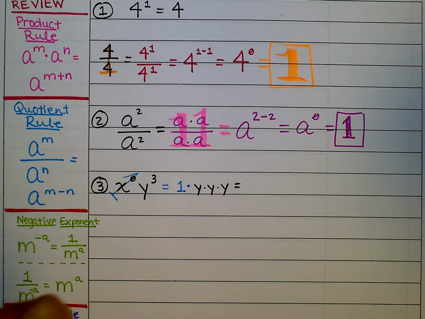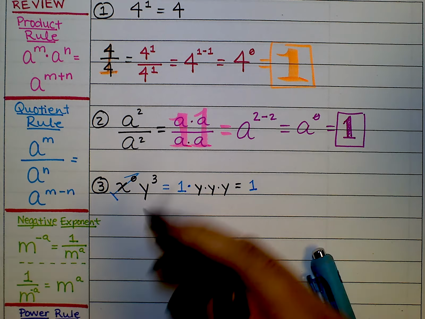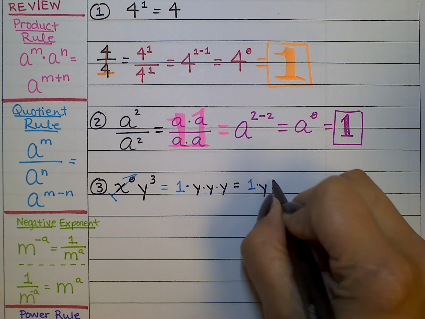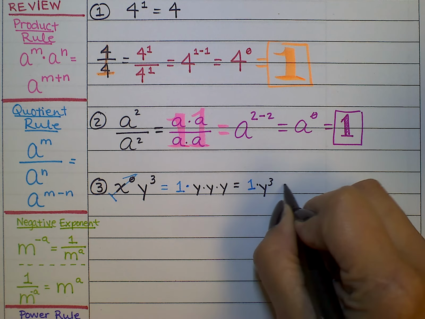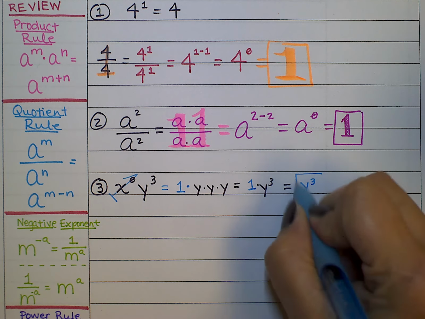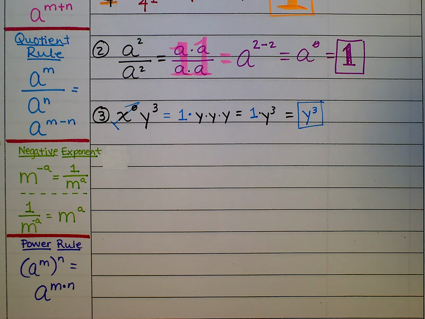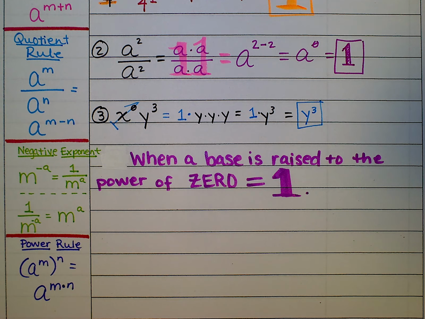Now, did I even really have to expand it? No, not really, because that's just 1 times y cubed, or simply my final answer would have been y cubed. Awesome. So we pretty much already have our conclusion: when a base is raised to the power of 0, it's simply equal to 1.